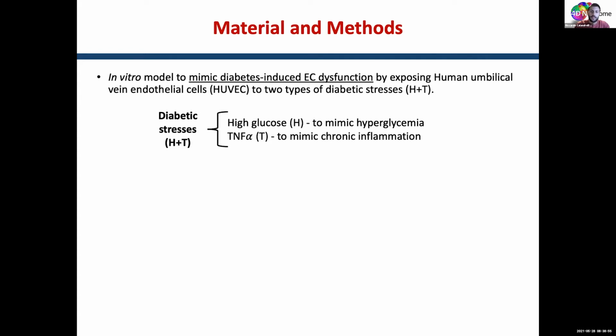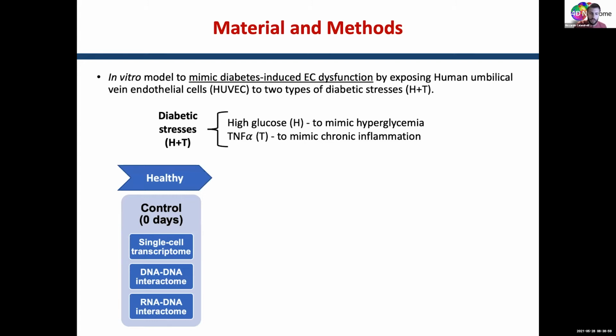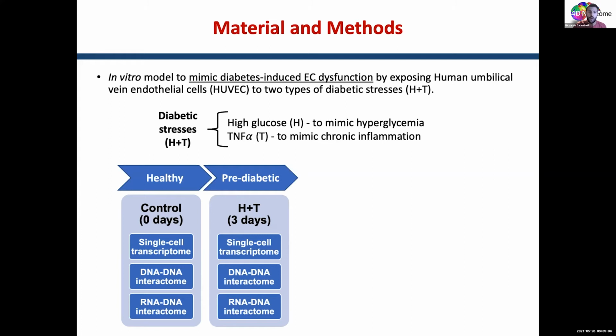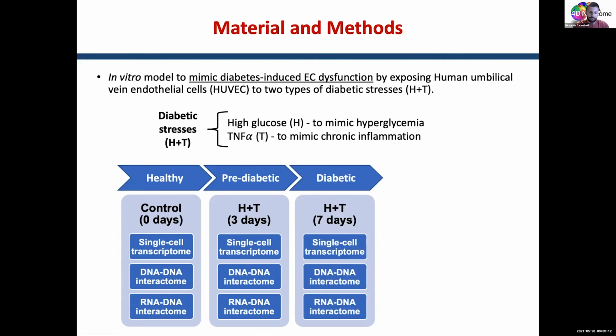Then we generated 3 samples at 3 different disease stages. The first one, a healthy condition, or our control. Then another one, a pre-diabetic condition, where cells were treated with this combination of stresses for 3 days. And finally, a diabetic sample where the cells were treated with the same stresses, but for a longer period of time, 7 days.